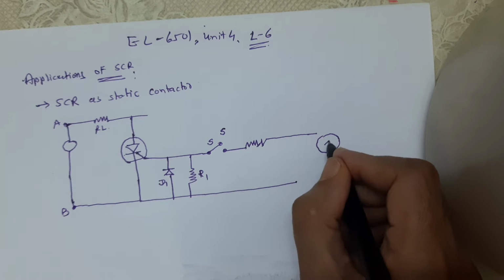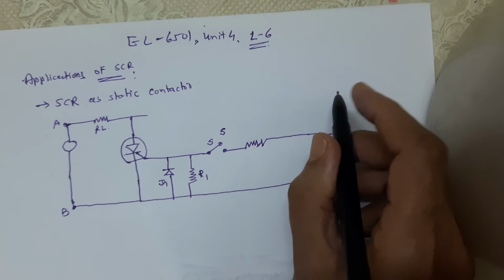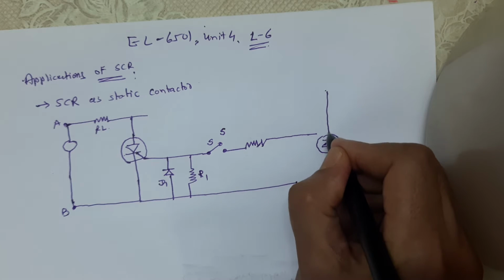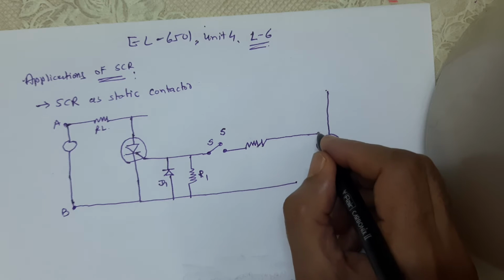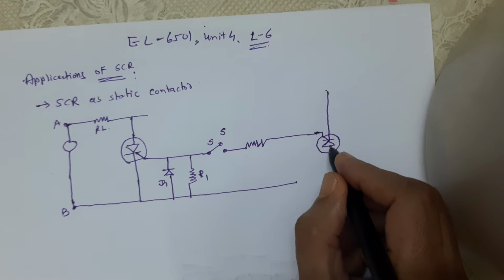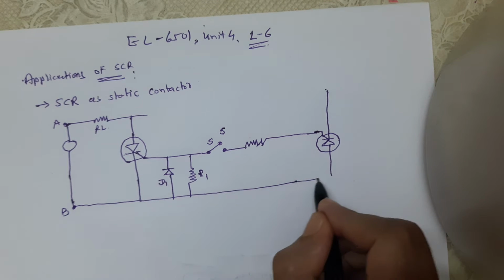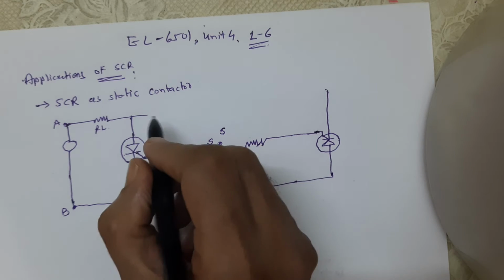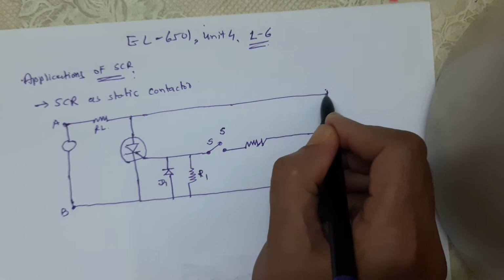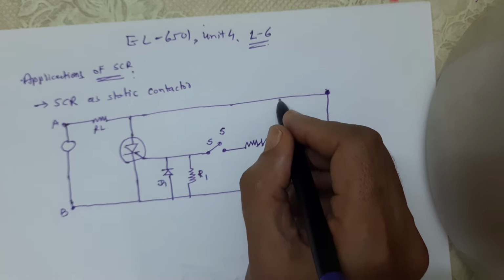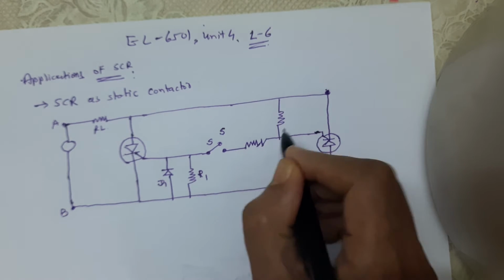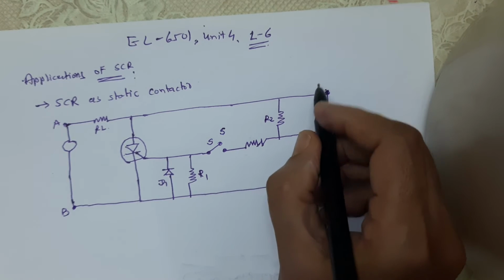This is your second SCR, with gate, anode and cathode, and these two terminals are connected here. Again there is a resistor R2 and diode D2.